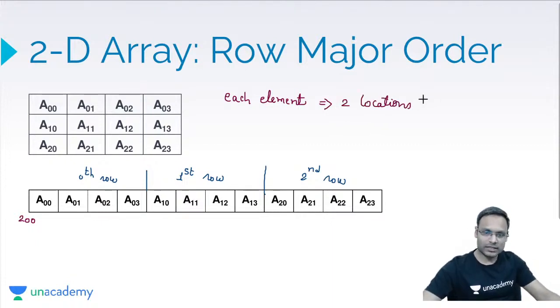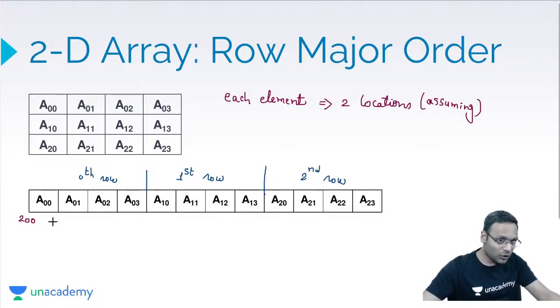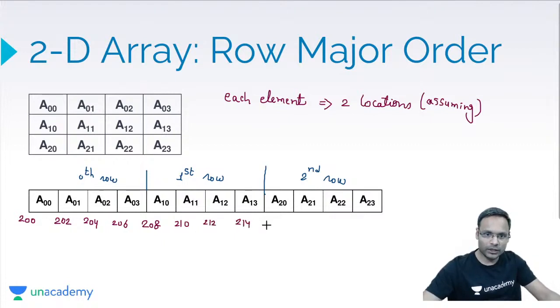So the next element 0 1 will start from 202. The next element starts from 204. Next 206. Next 208. Next 210. This 212. Then 220, 222.